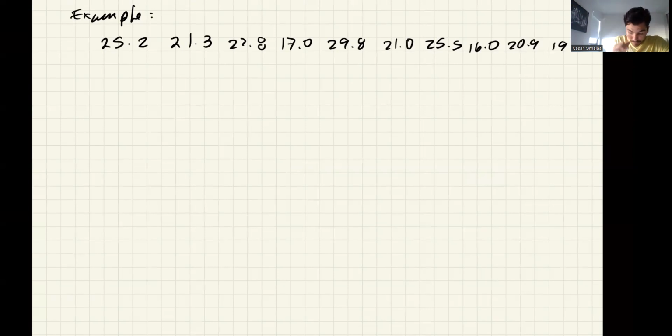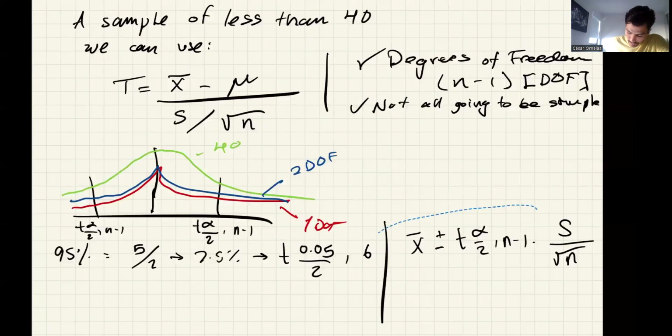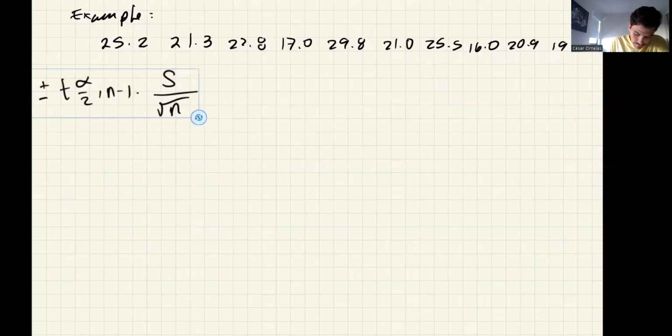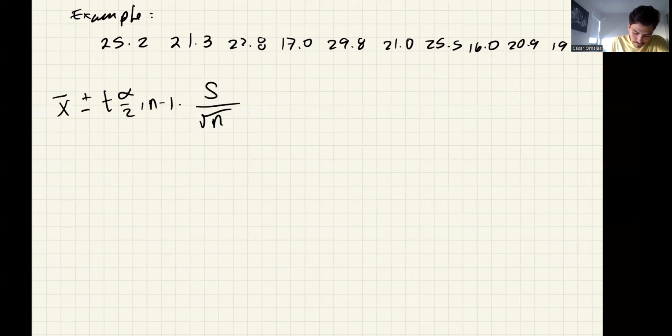This is going to be our sample. These numbers indicate the characteristics of our analysis. If we use this formula right here, we notice that we need some values that we don't have.